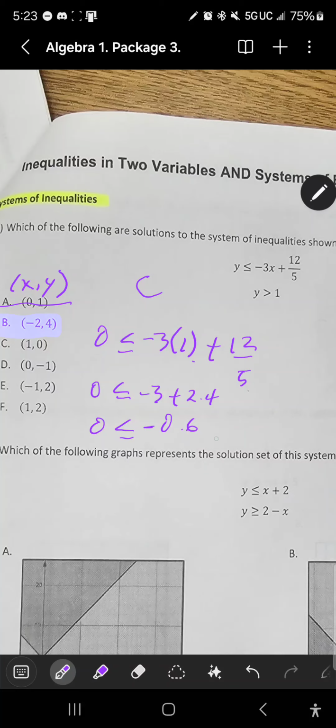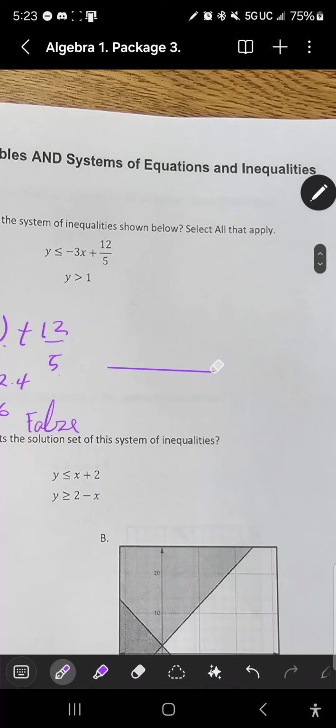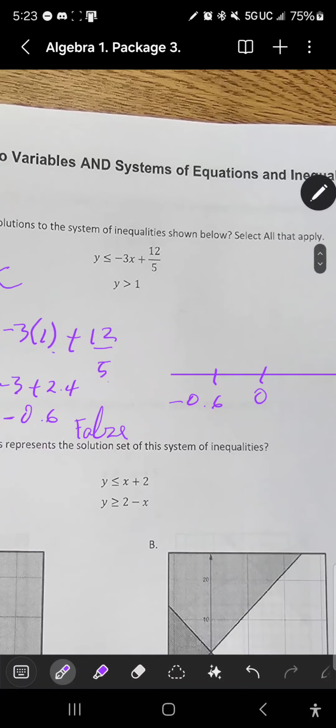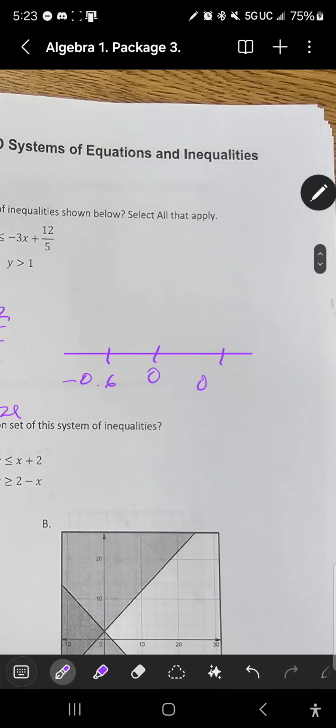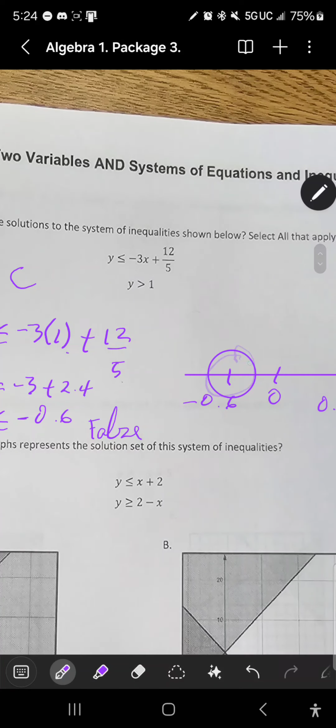So this one is actually false, because 0 is not less than -0.6. If you place it on the number line, if I'm not mistaken, that's the name, 0 will be here, negative 0.6 will be here, and positive 0.6 will be on the right. So because it is on the left, it is not greater than 0, it is less than 0. It's pointing to the left. So -0.6 is less than 0, not greater.